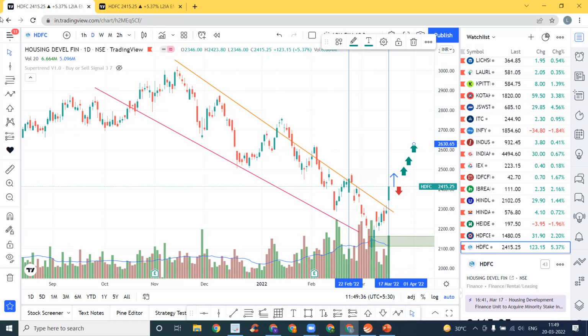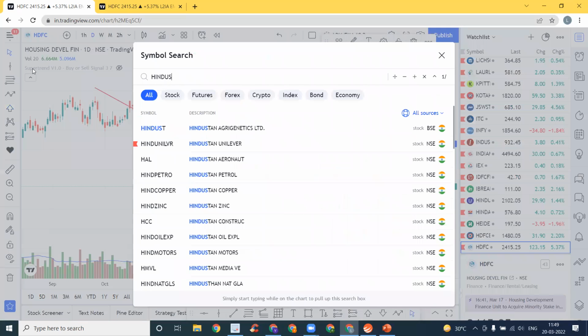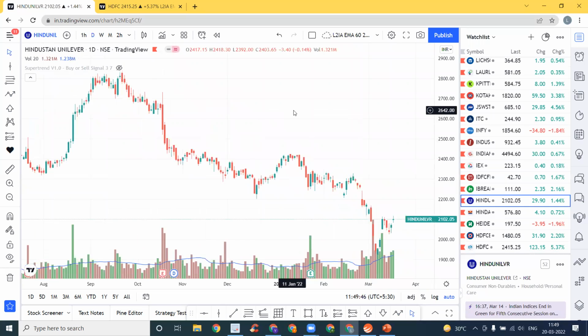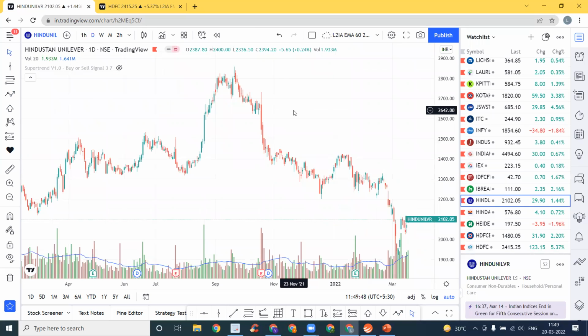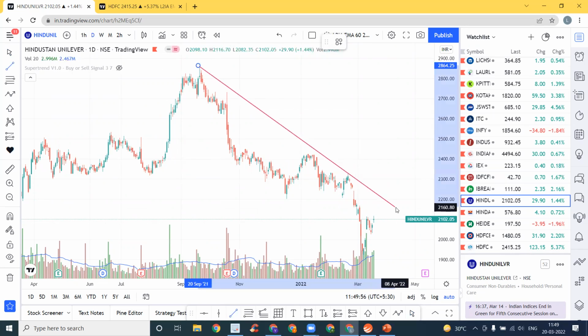Okay. Then we see Hindustan Unilever. See, this stock continues in a fall. It's in a bad shape.